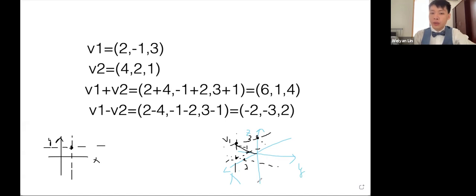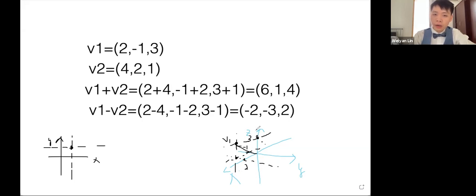For higher dimensions it would be a little bit more complicated, because you have to match up your x value, 2 here, your y value -1 here, and also your z value. So after you match your x and y, then you can have a parallel line passing through this point to the z-axis.